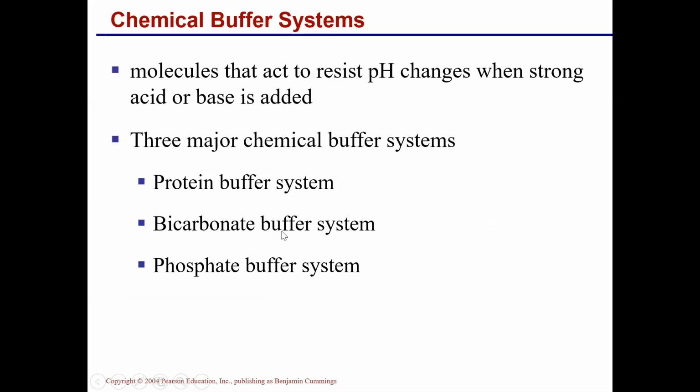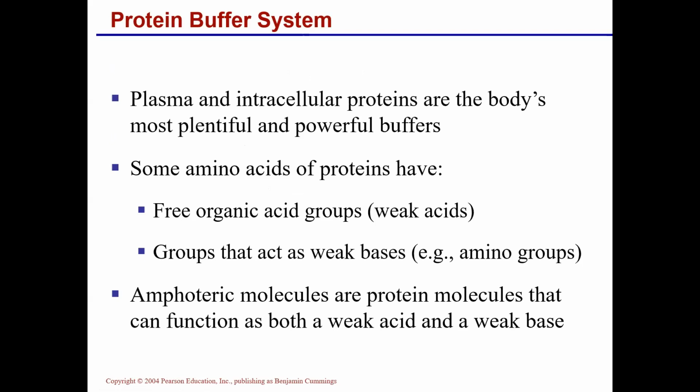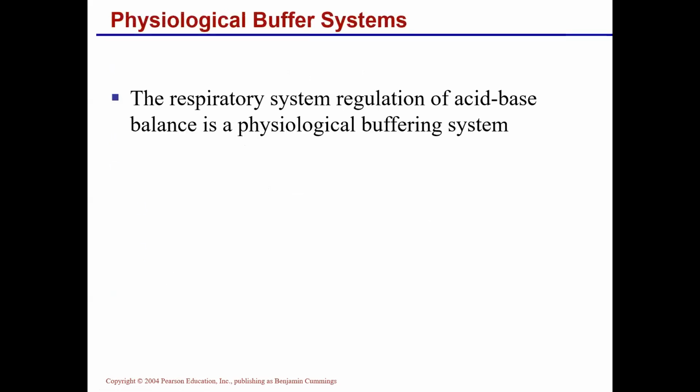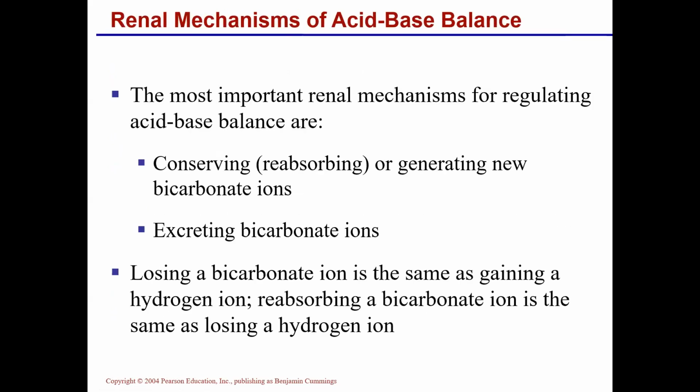And this bicarbonate buffer system is by converting CO2 and water into the form of hydrogen ions and bicarbonate ions. Okay, so then these slides are the individual slides for different chemical buffer systems. All right, and then did I go too fast?